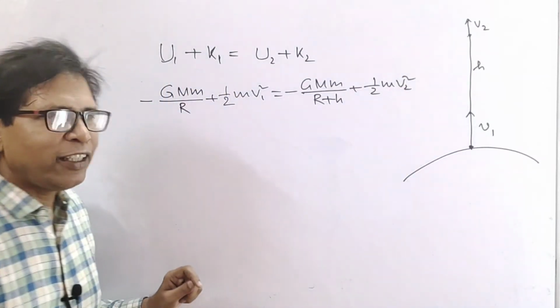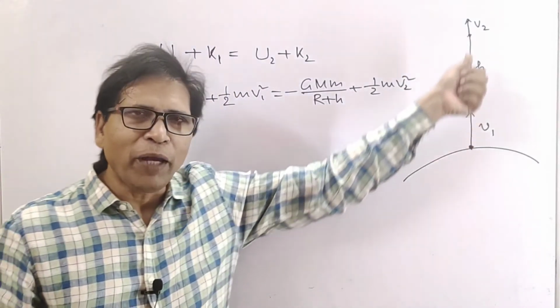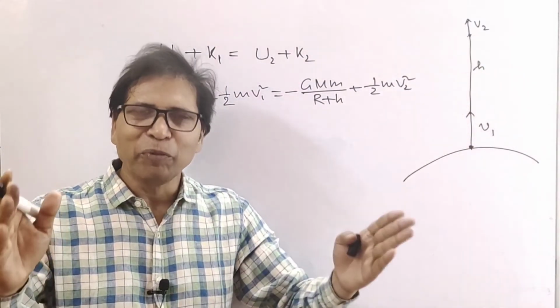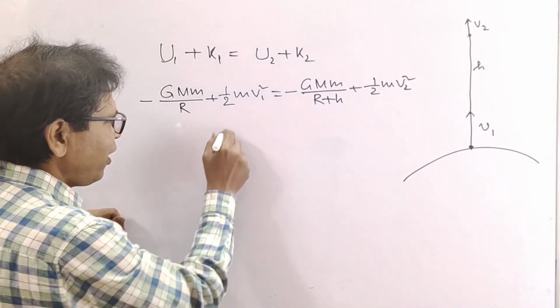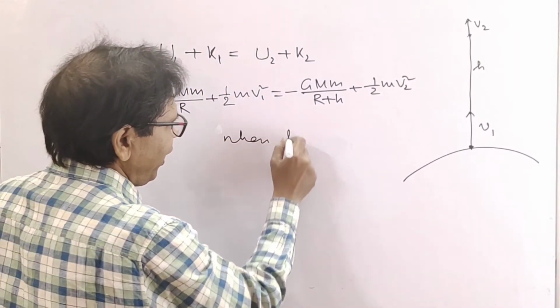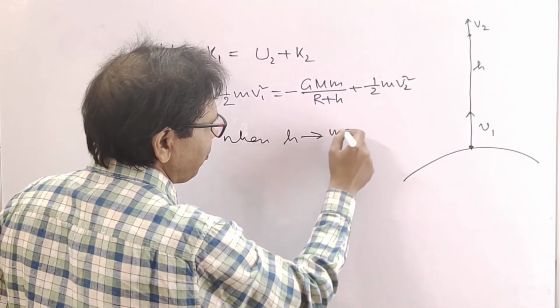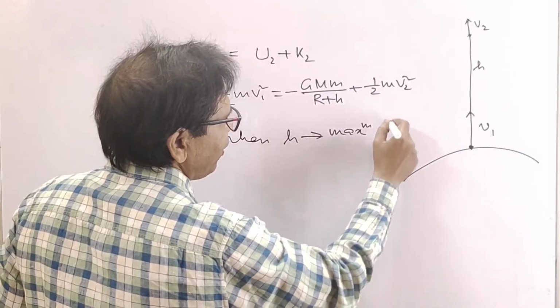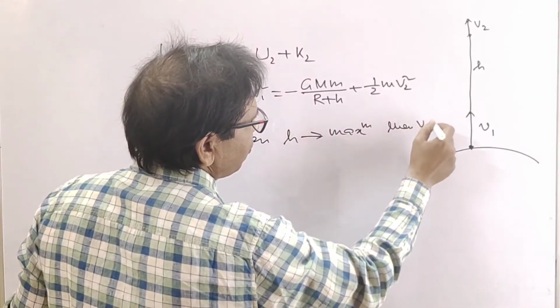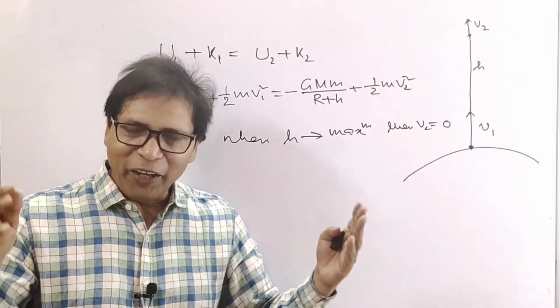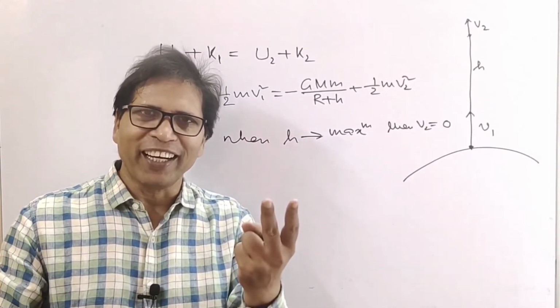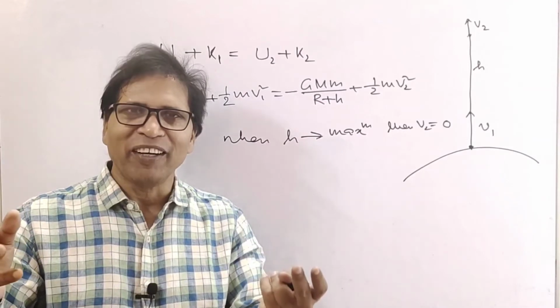Now for maximum value of h, v2 becomes 0. When h becomes maximum, then v2 becomes 0. Now I will be solving two numericals relating to this formula.